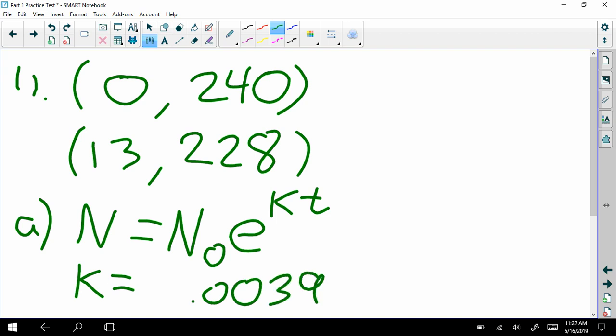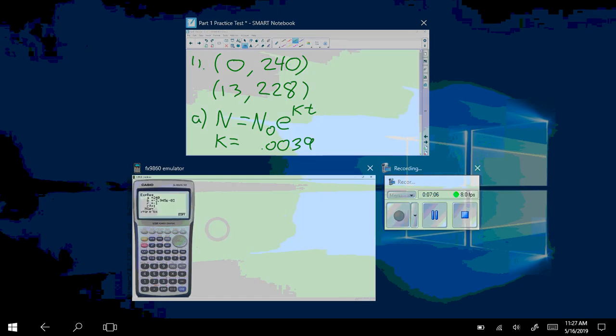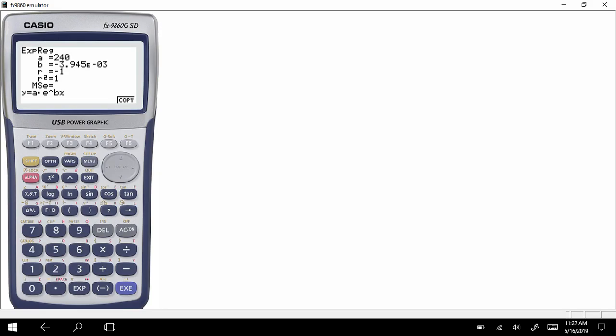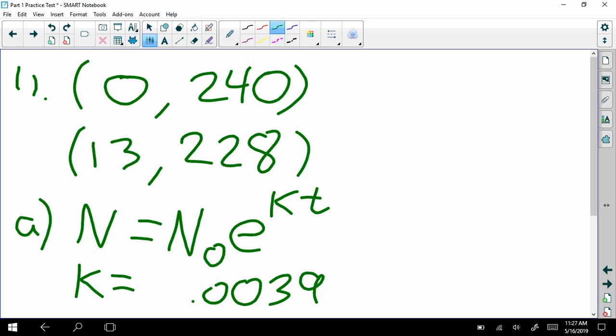Rounded to a 10,000th, like it said, it'll be 0.0039. And it is negative. There's a -3 there, so make sure you put that on there. So that's K, the B from the calculator.